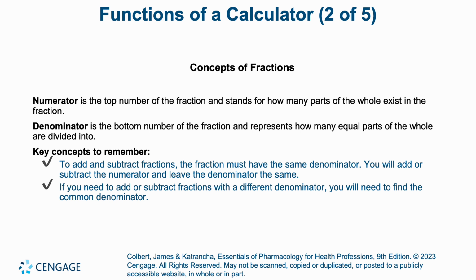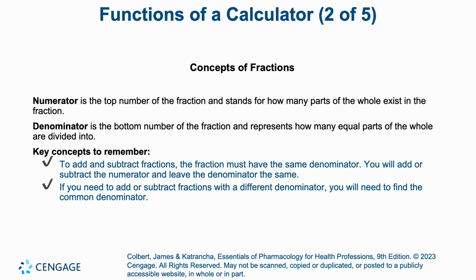If you need to add or subtract fractions with a different denominator, you need to find what's called the common denominator. So let's say, for example, that you have 1/4 and you are trying to add it to 1/5. A common denominator that both 4 and 5 go into is 20.